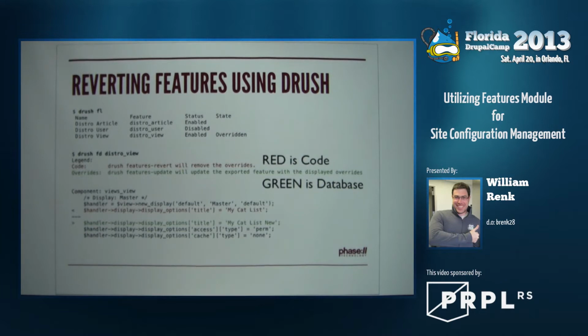Reverting features using DRUSH. So yeah, that's showing you what will appear when you go into DRUSH and do a features diff, essentially. So in this instance, it looks like they changed an option from my cat list to my cat list.